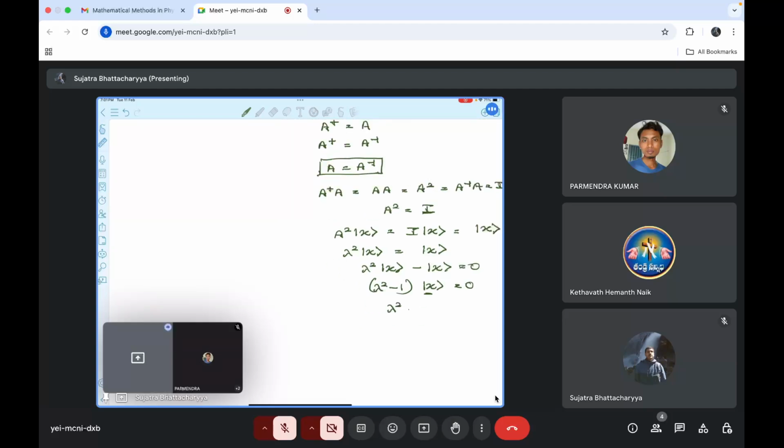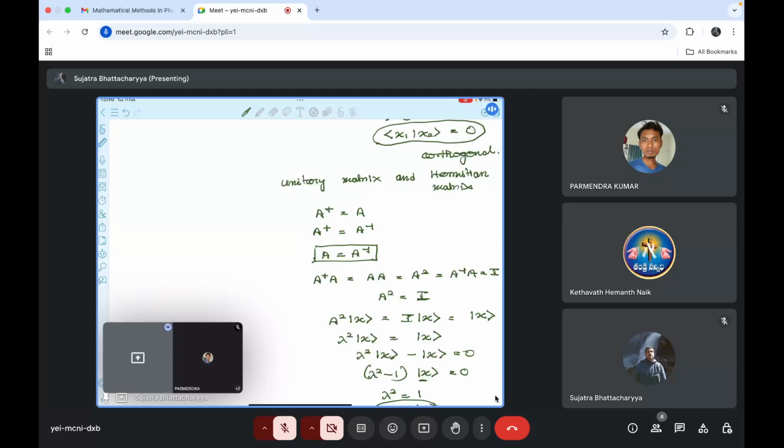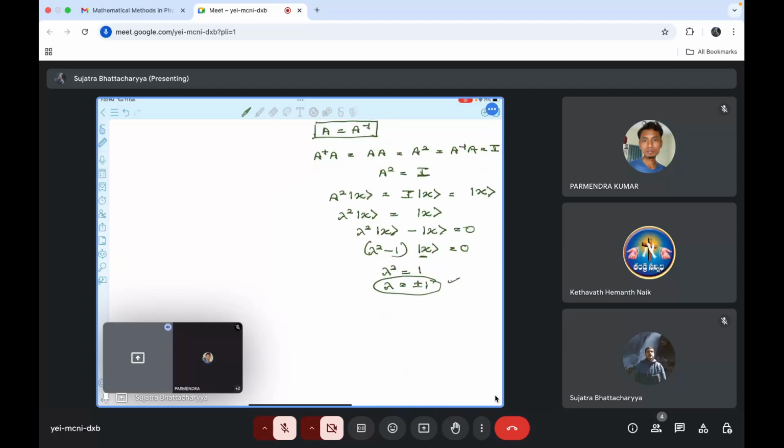Therefore, lambda square is equal to 1, or lambda is equal to plus or minus 1. So the important relationship between unitary and Hermitian matrices is that if a matrix is both Hermitian as well as unitary, then the eigenvalues are plus or minus 1. Okay, so this is an important result.